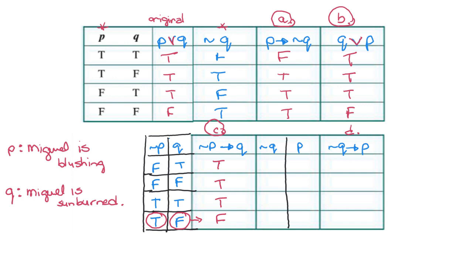To complete the last statement, I need a not Q column, which we have already written. And it looks like I erased a little bit up there, so let me get that back up. This is false, true, false, true. The P column is a rewrite also, two trues and two falses.